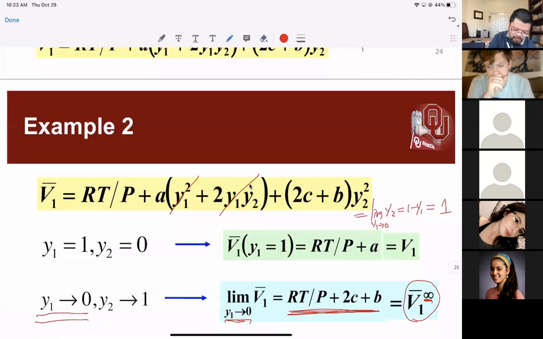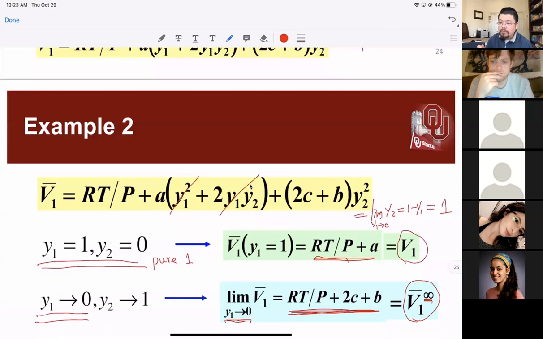And sometimes we also push y1 to 1. Then this will be the pure component of 1, pure 1, right? So over here, if we try to push y1 goes 1, and y2 is 0, then we have this expression. And that itself is a pure volume for component 1.